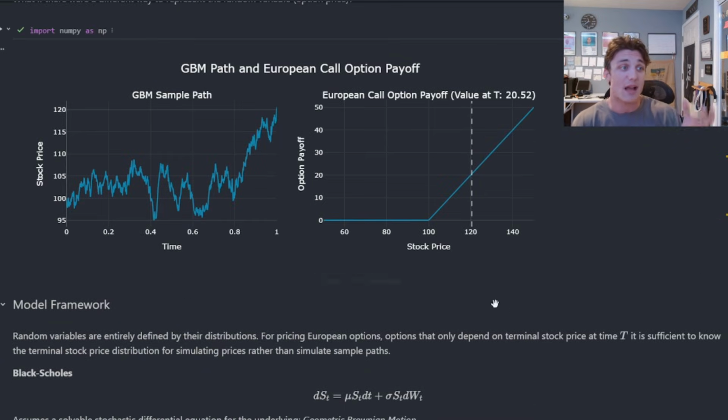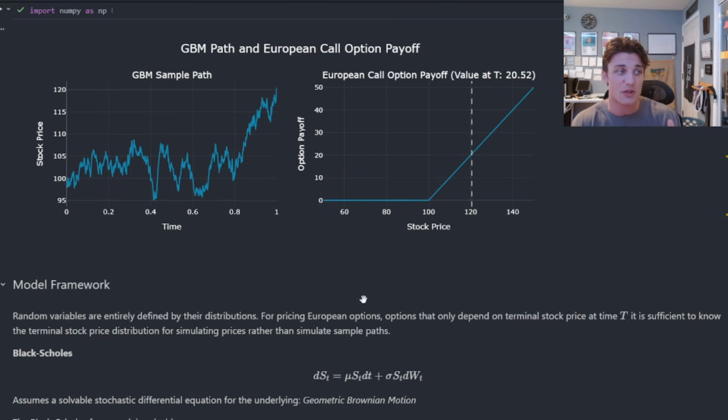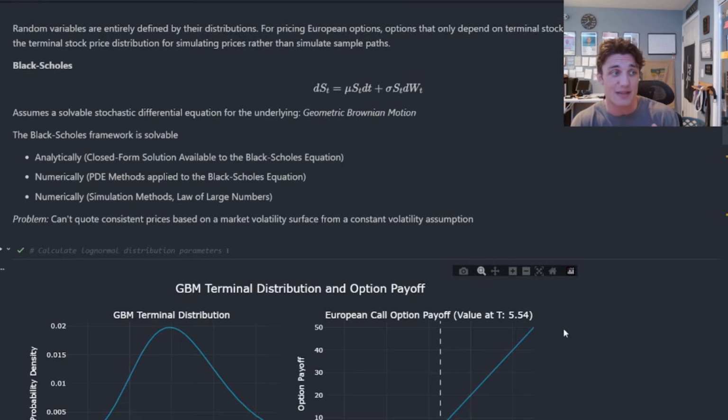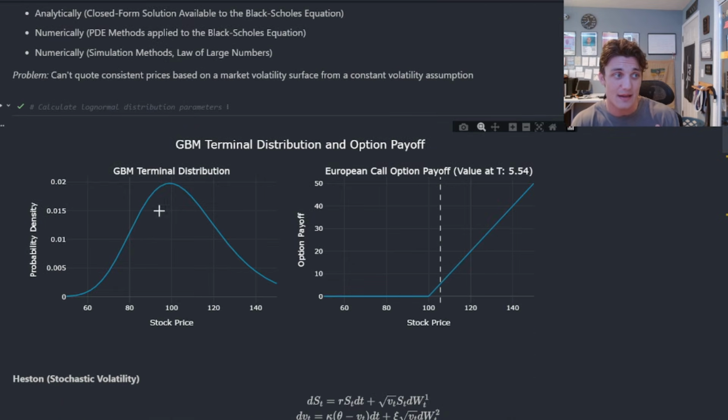You could even solve the stochastic differential equation and just find the distribution of stock prices all the way here at time capital T, and that looks exactly like this. And then you can use simulation to produce prices. So there is no shortage of ways to produce a price for this particular option contract in a Black-Scholes framework, okay?